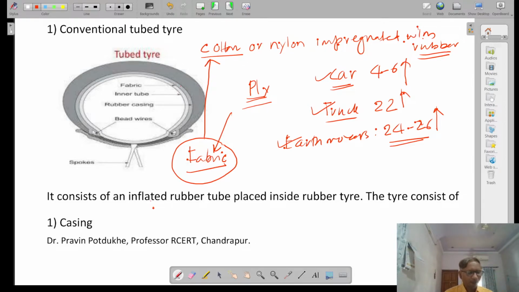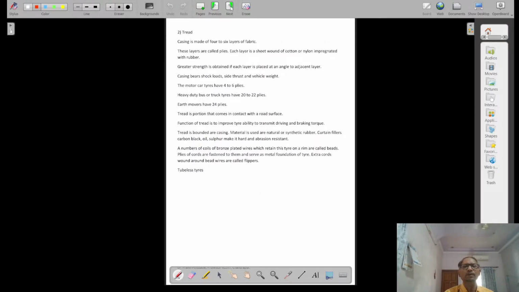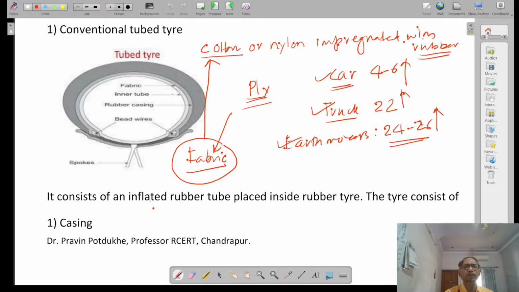Then at the outer part of the ply we have the tread. This is the second important part in the tube tire, the tread, the outer part.